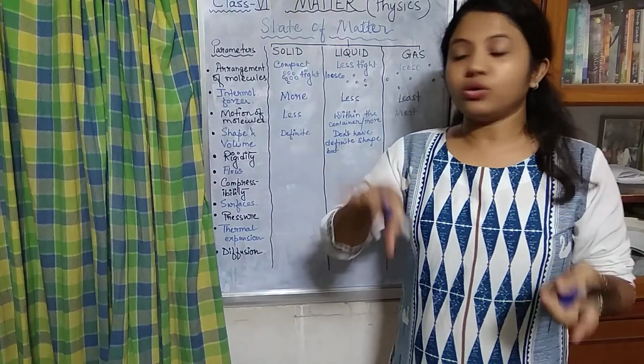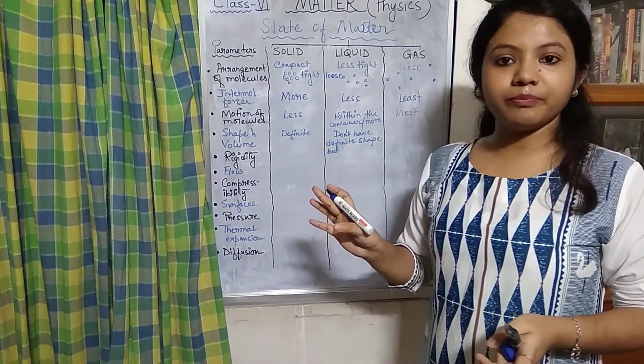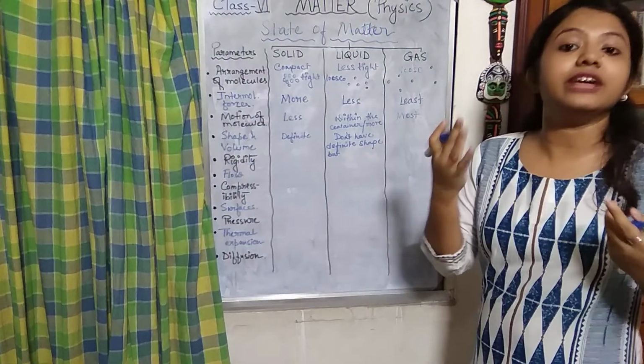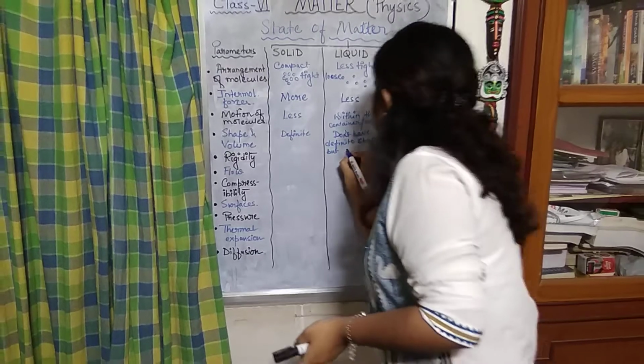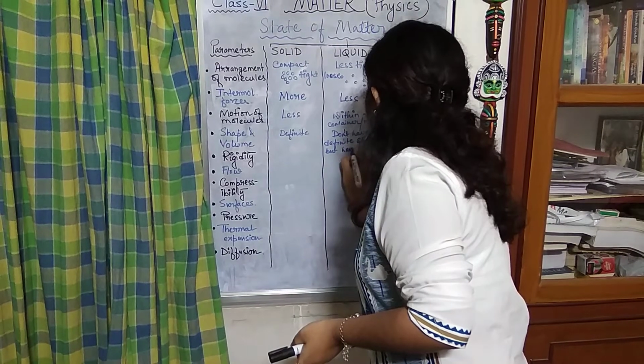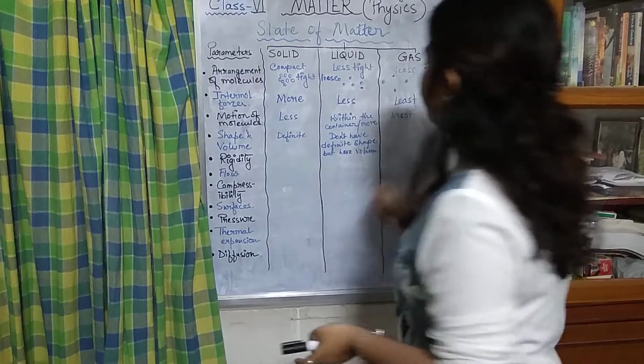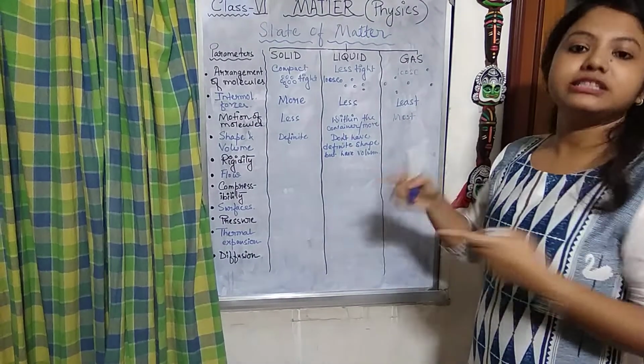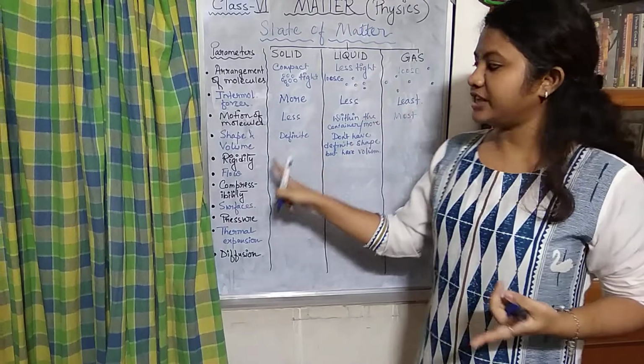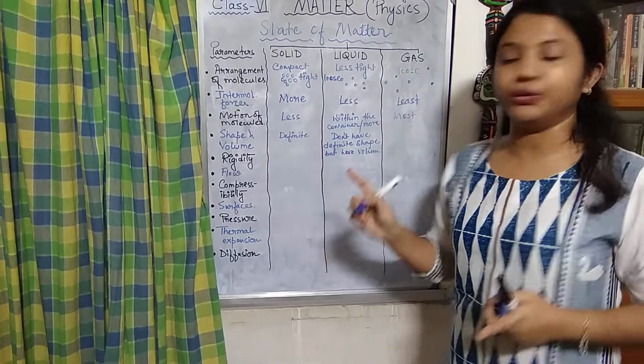So they do have volume, but they don't have any definite shape. Now in the case of a gas, they have neither any definite shape nor any definite volume.